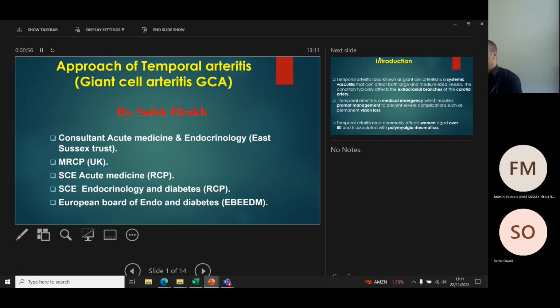In the case of headache, for example, you have to think firstly and rule out the most serious life-threatening conditions like intracerebral hemorrhage, subarachnoid hemorrhage, and temporal arthritis, which is a vision-threatening condition. So always bear in mind to rule out the worst until proven otherwise.